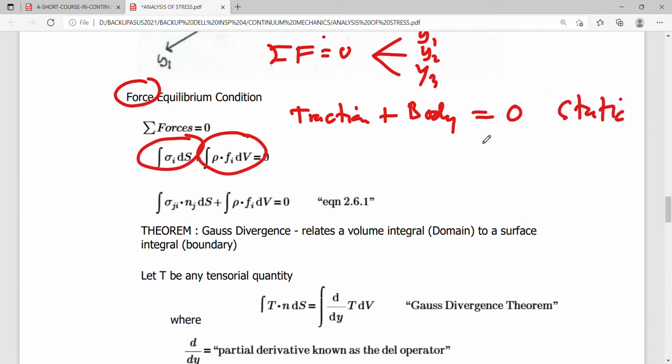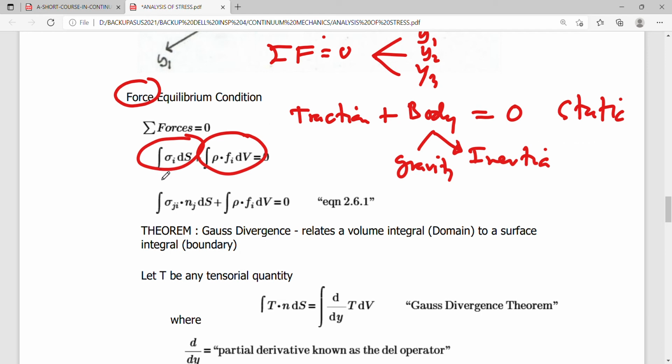In a dynamic equilibrium condition, what will change here is an addition of an inertia force. Here we only consider the gravity in terms of the density defined on your rho Fi value. So this is now the general equation in continuum mechanics, considering static equilibrium.